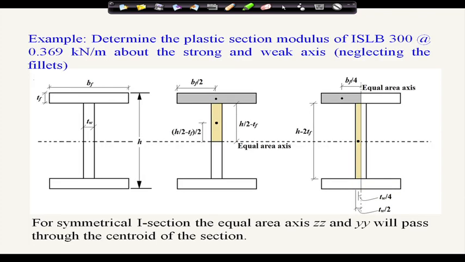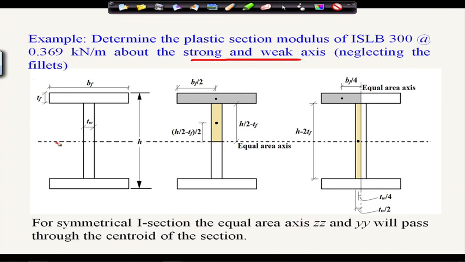So, first let us discuss the calculation of plastic section modulus. Here we have given an example, an I section ISLB 300. We need to find out the plastic section modulus about the weak and strong axis, that means about y y and about z z.